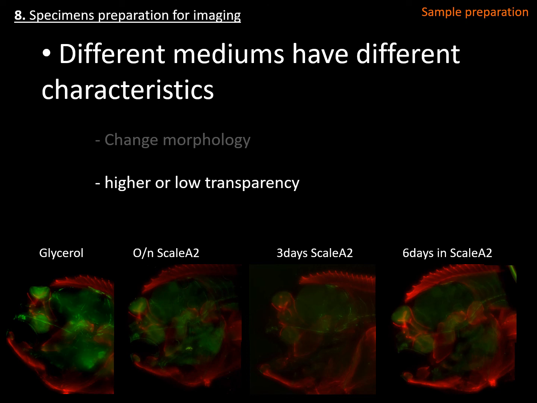And this was better achieved at 3 days than 6 days. However, you also notice that while the immunohistochemistry labeling of muscle is enhanced by Scale incubation time, the signal of calcein is greatly reduced. As you can see in the eyes and in the skull, the calcein signal is decreased significantly as time goes by.